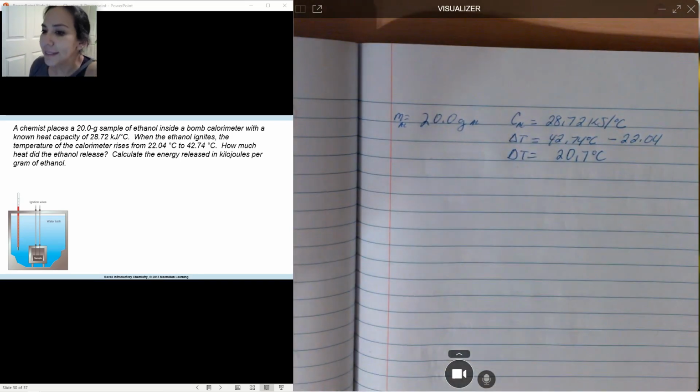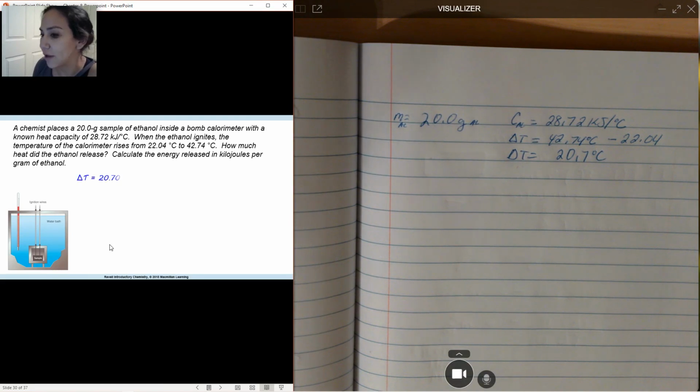We got 42.74 minus 22.04. That gives us a change in temperature of 20.7 degrees Celsius. It says how much heat did the ethanol release, and calculate the energy released in kilojoules per gram of ethanol.